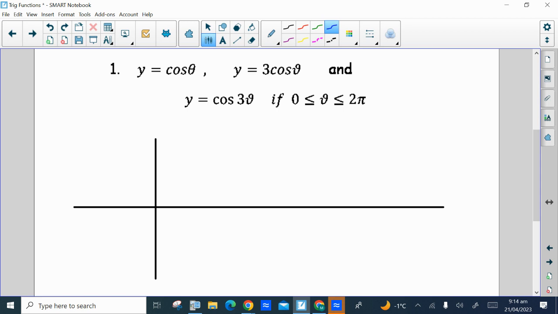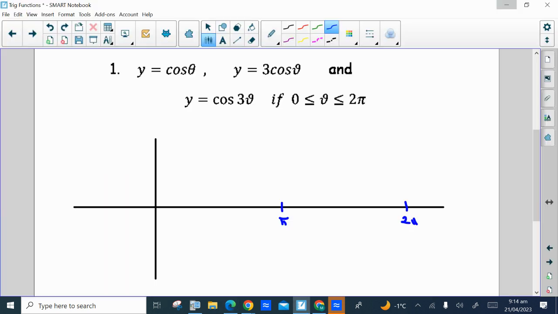So we're asked to graph these 3 functions, cos theta, 3 cos theta, and cos 3 theta between 0 and 2 pi. So that's pi, 2 pi, that will be pi over 2 and 3 pi over 2.